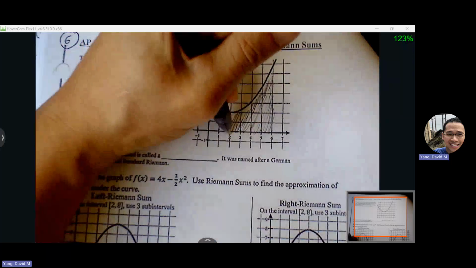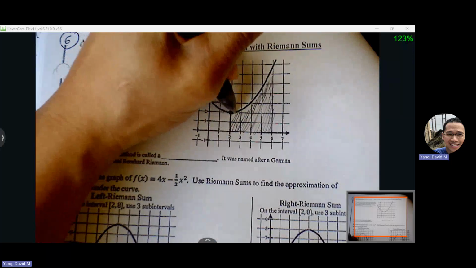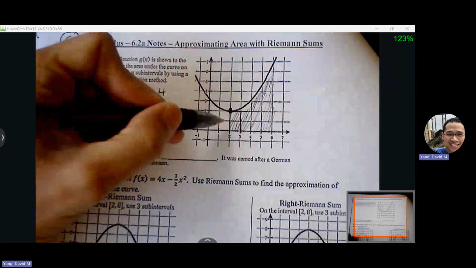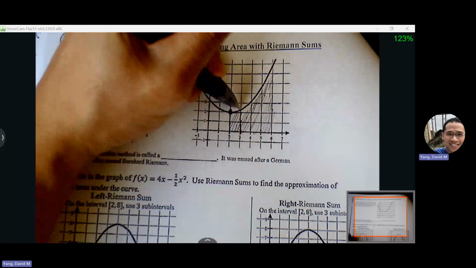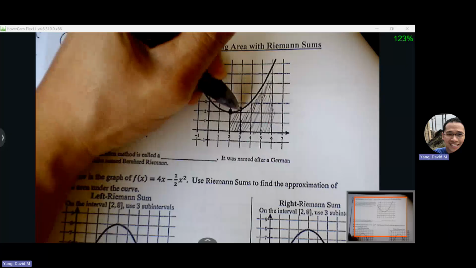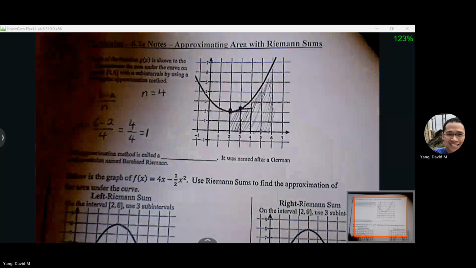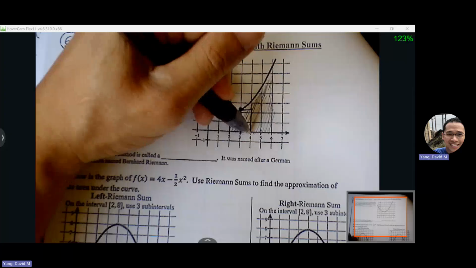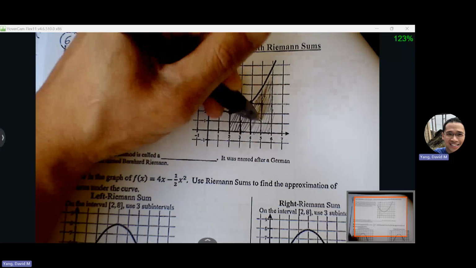And for each rectangle, we're going to use the upper left corner to determine the height. So the first rectangle, the height is at 2. So that'll be the height of my first rectangle. The height of my second rectangle, notice at 3, it's going to touch the curve at 2.5. So that'll be the height of my second rectangle. My third rectangle, I'm going to start at 4, go all the way to where the graph touches 4. That'll be the height of my third rectangle.